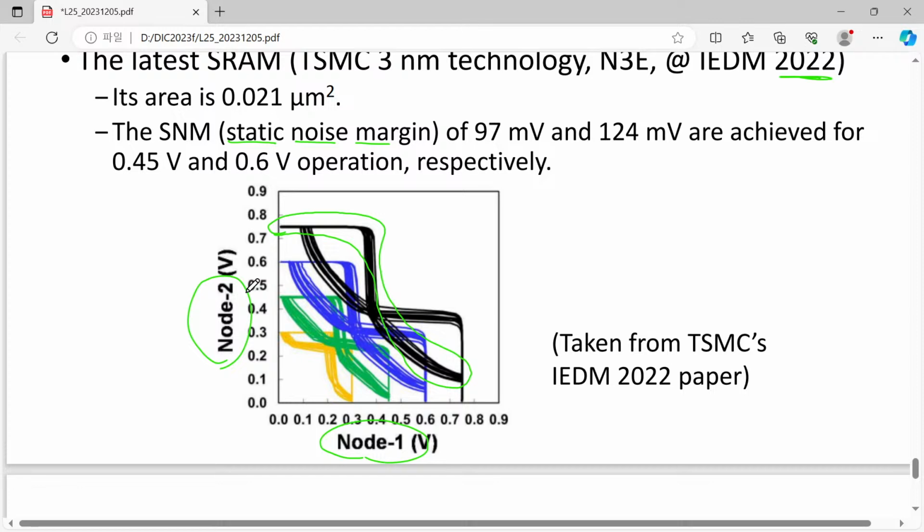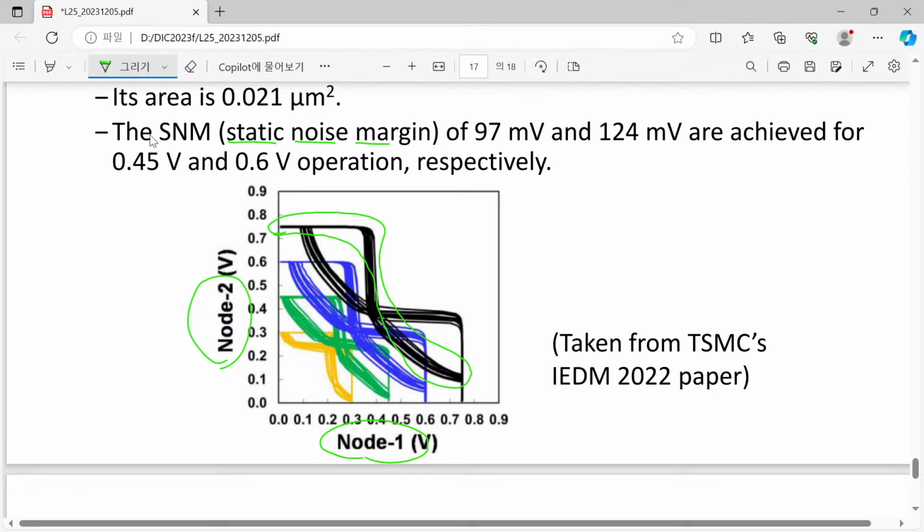When node voltage 1 equals 0, you have VDD. And when node voltage 1 equals VDD, since this is just a cross-coupled inverter, you expect exactly 0. However, this curve does not show such a thing. Is something wrong?